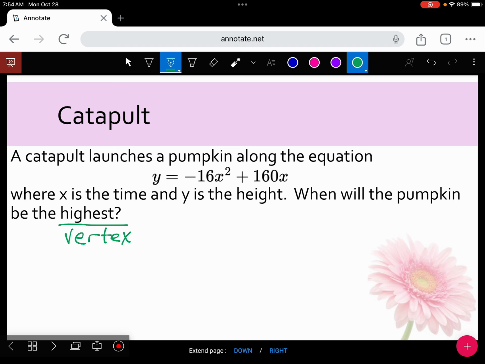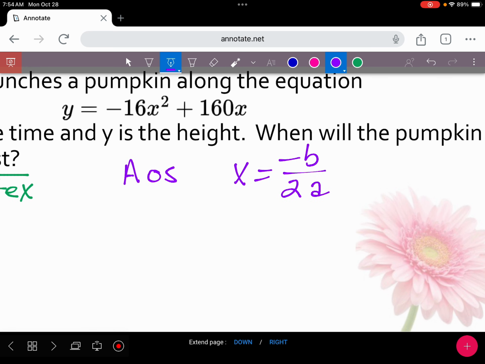So, what tool do we use to find our vertex? The opposite of b over 2a. Yes, our axis of symmetry tells us where our vertex is. So we're going to use that axis of symmetry formula, AOS, where x equals the opposite of b over 2 times a. So, what is our b?